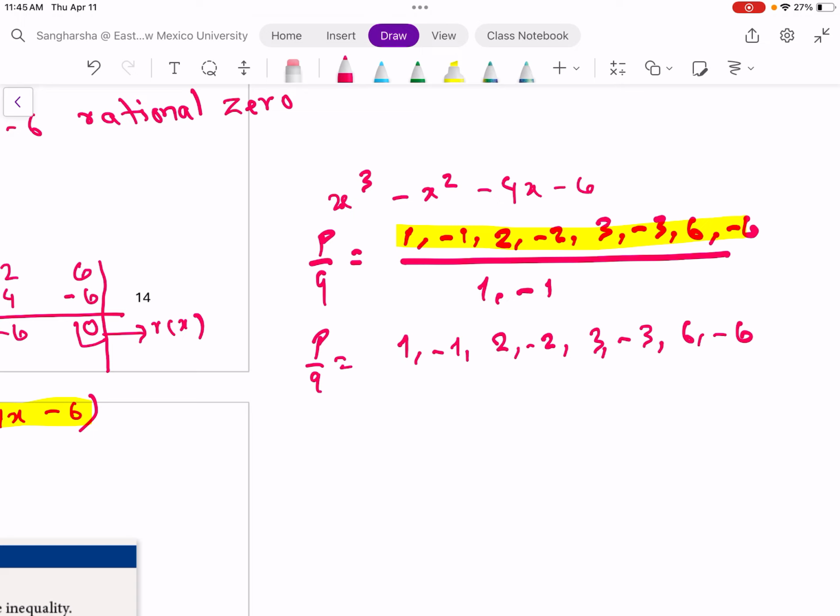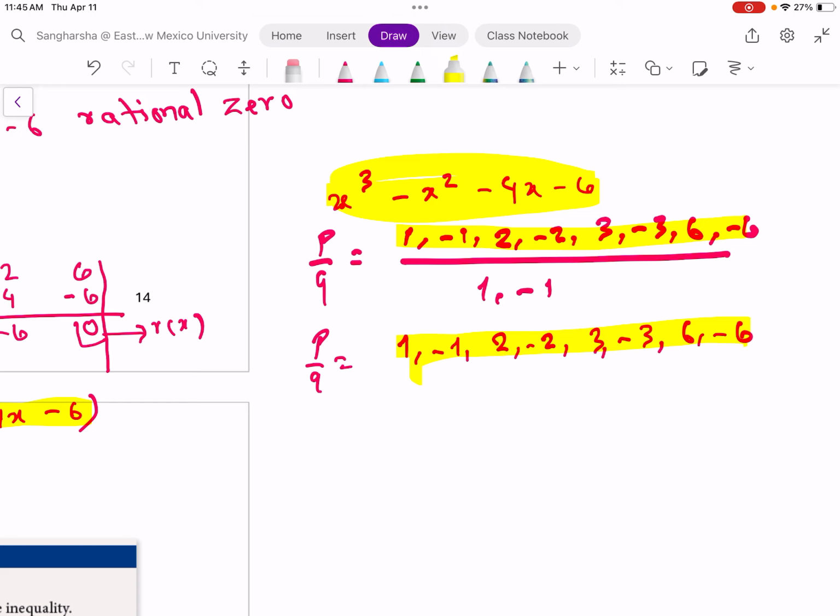Now here, let's find a number. Let's choose a number from here and substitute here. We want a number that makes this expression equal to 0. Okay, now let's try with 1. So 1 minus 1, that's 0. Okay, 1 is not working, right? Let's try -1. -1 cube is -1, -1, that is -2, +2.